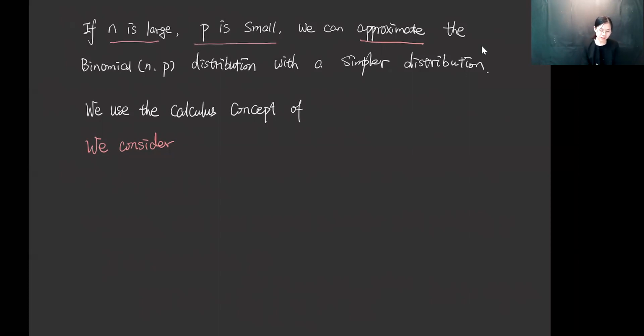How do we mathematically represent the situation where n is large and p is small? Well, we can use the calculus concept of limit. So we want to consider the limit of the probability that X equals little x when n approaches infinity, and p accordingly gets smaller as n grows to infinity.